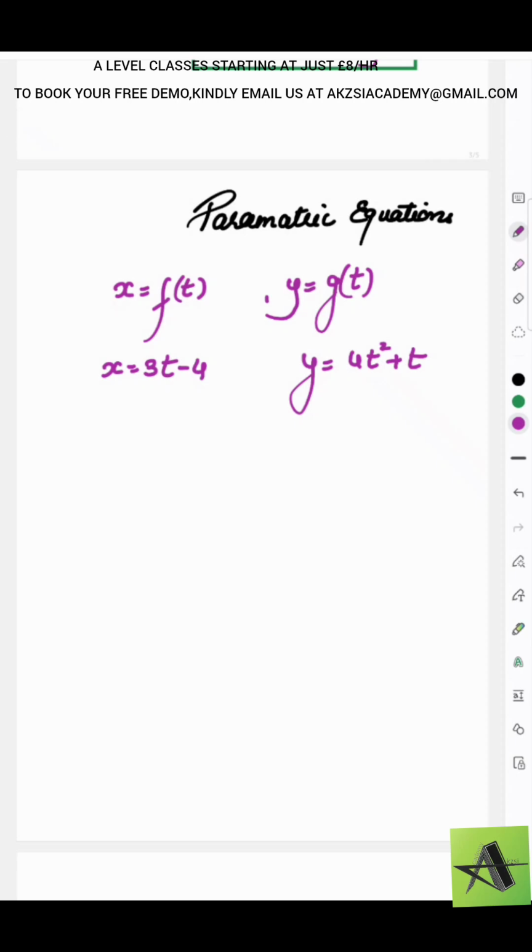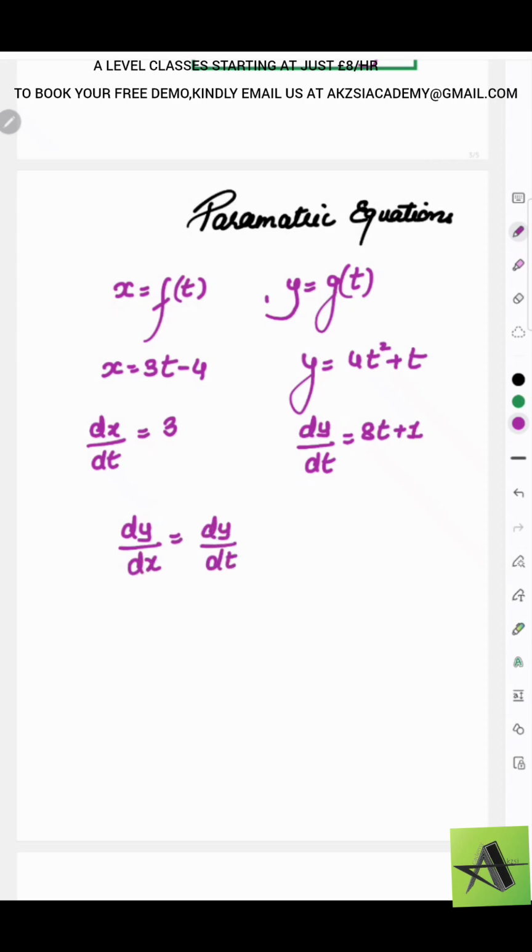So what we have to do is differentiate them separately with respect to t. So dx over dt will become 3 obviously, and dy over dt will become 8t plus 1. Now ultimately we have to find dy over dx. So dy over dx can be written as dy over dt times dt over dx.